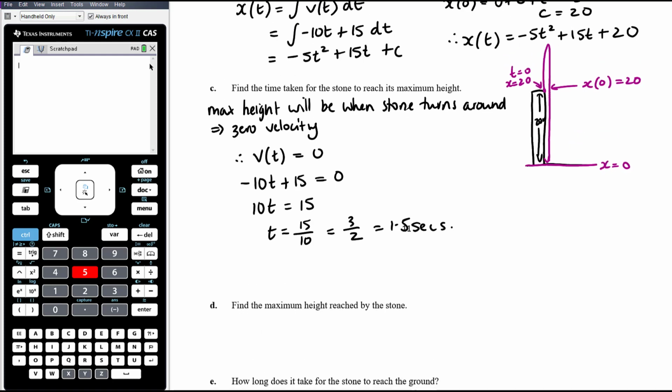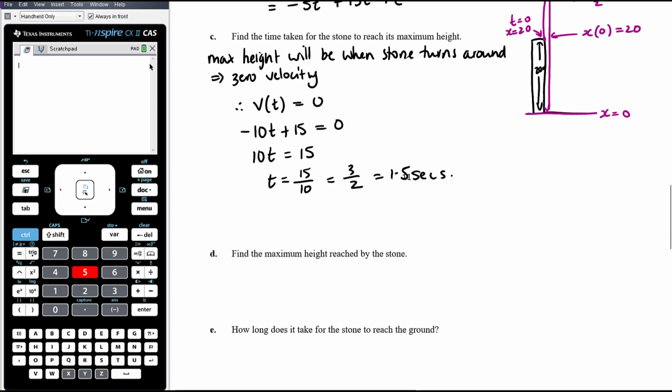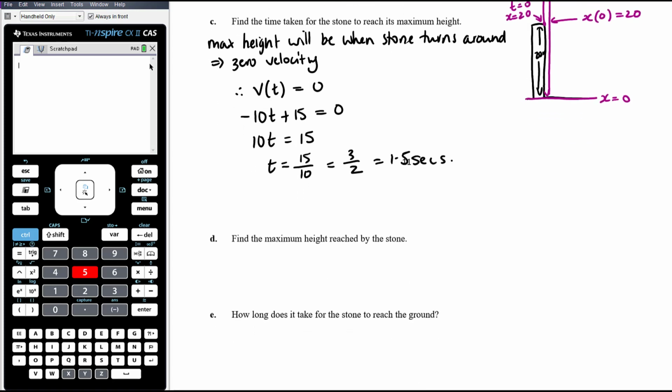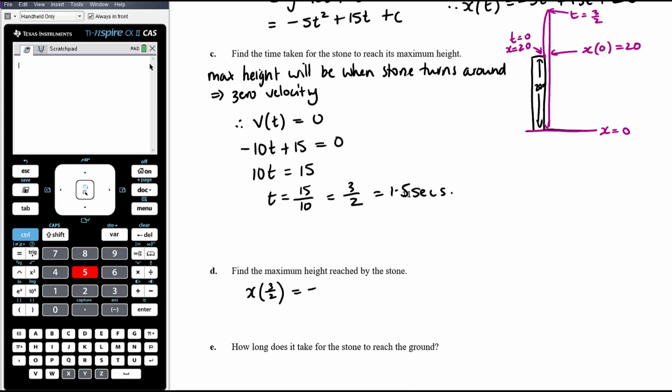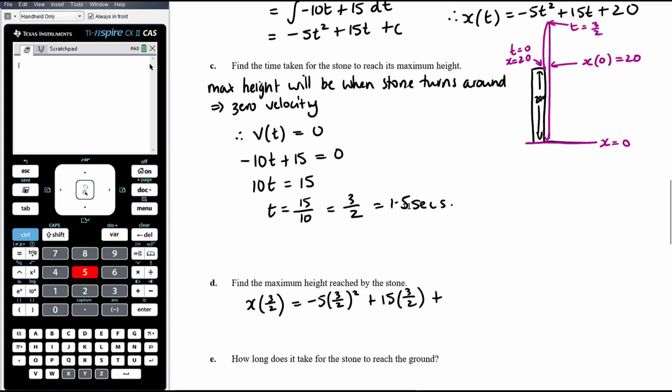So now we know that this is when t equals 3 on 2, and so we want to find the position of the particle at that point. So we want to know x of 3 on 2. So let's do negative 5 times 3 on 2 squared plus 15 times 3 on 2 plus, what's c again, 20?